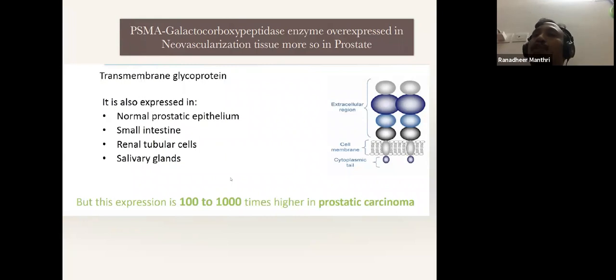So the PSMA, last session when you were asking about PSMA, it is a glutamate carboxypeptidase enzyme overexpressed in neovascular tissue, more so in prostate. And this expression is 100 to 1000 times higher in prostatic cancer. It is also expressed in normal prostatic epithelium, small intestine, renal tubular cells, salivary glands. Based on this, we will know the biodistribution.